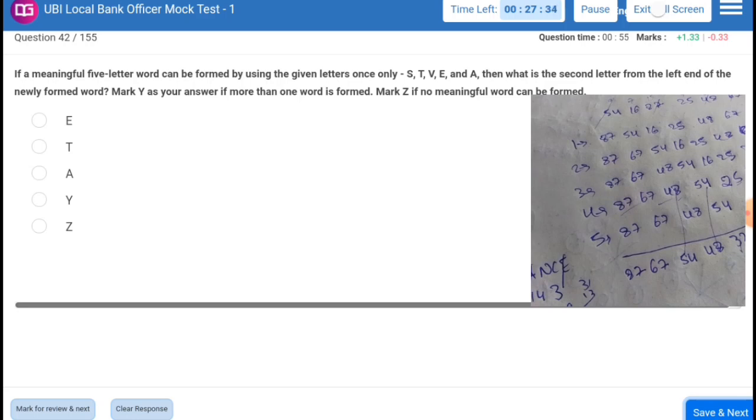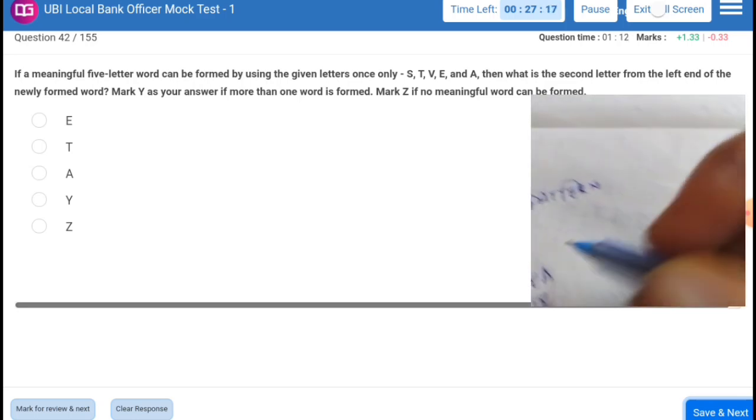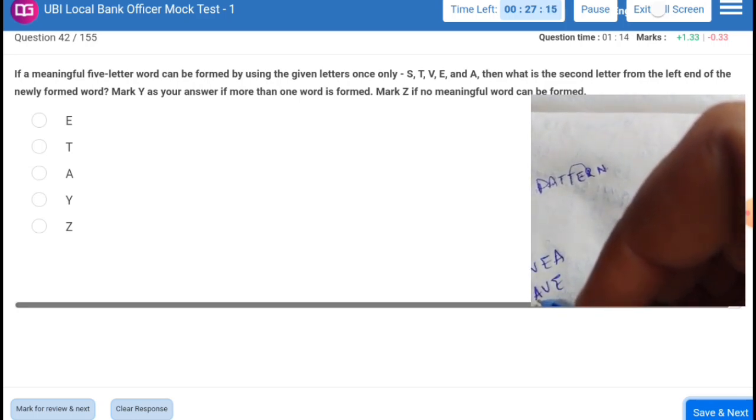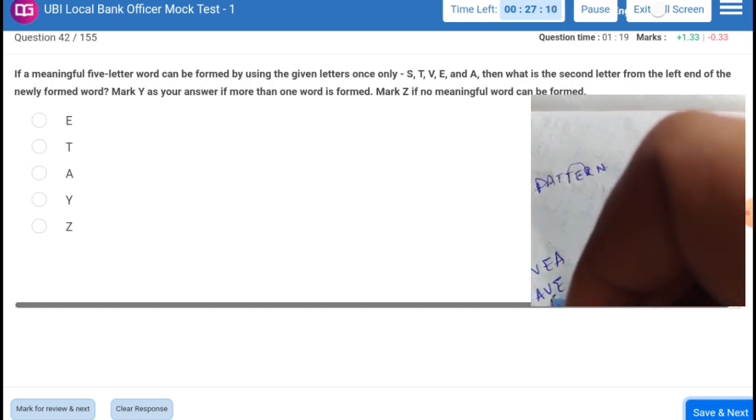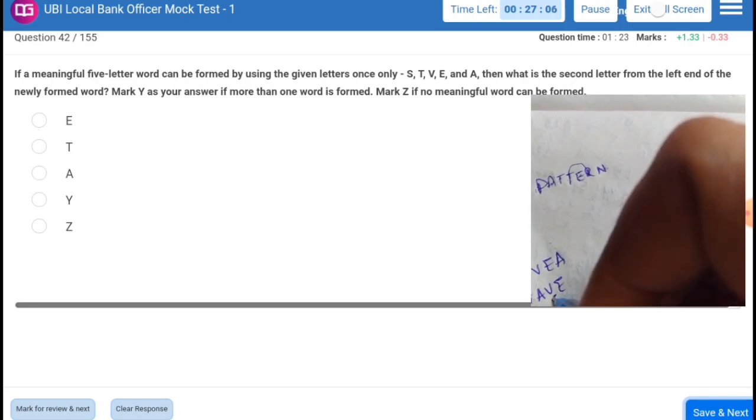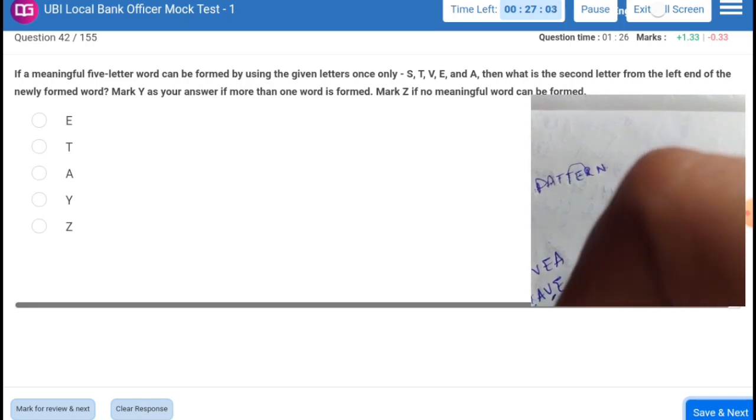I have doubt on stave. What is the second letter from the left end of the newly formed word? T.